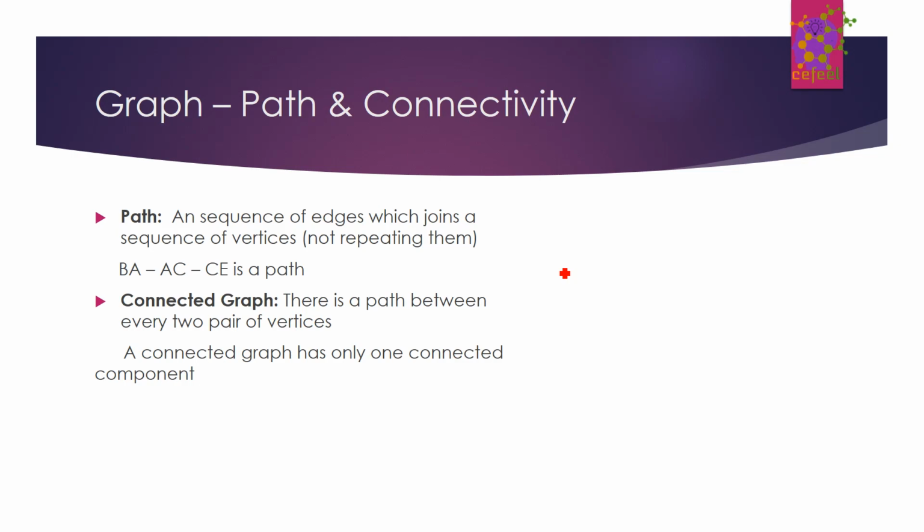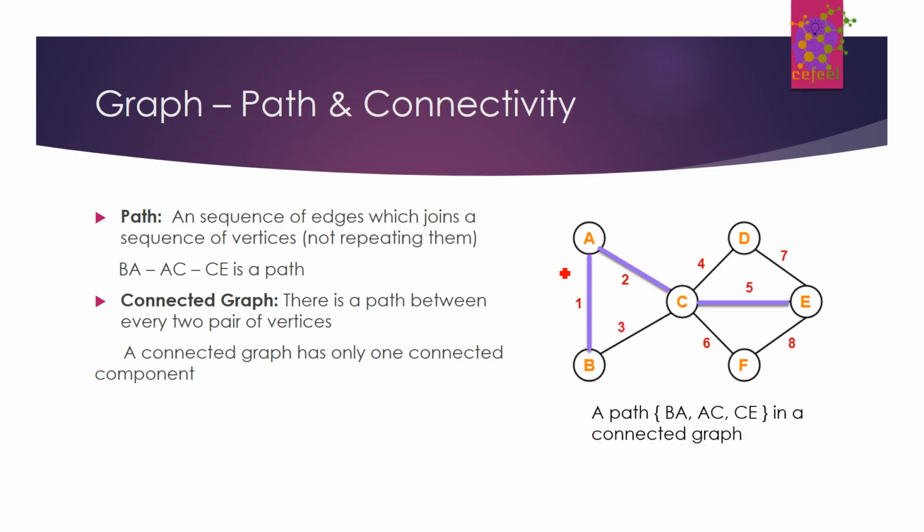Next is, what is a path? A path is nothing but a sequence of edges which join a sequence of vertices, of course without repeating them. If we repeat them, then it becomes a walk, but walk is a little advanced concept, so let's not confuse things for now.